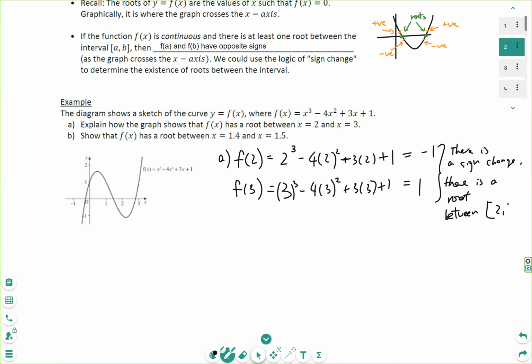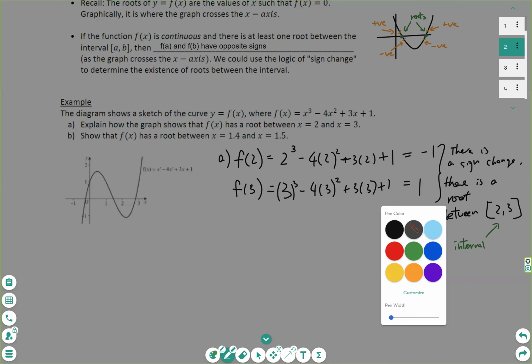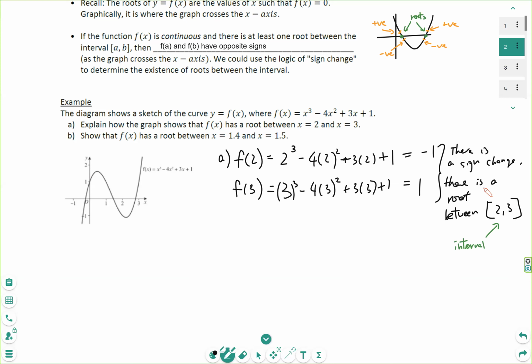This is an interval, of between 2 and 3. You should have seen it in chapter 2 about domain and range. So x equals 2, x equals 3. So that's how we explain sign change. Okay, the sign change means there's a root.